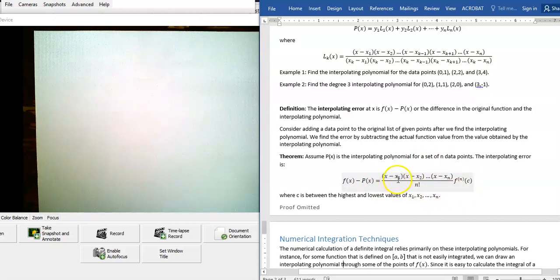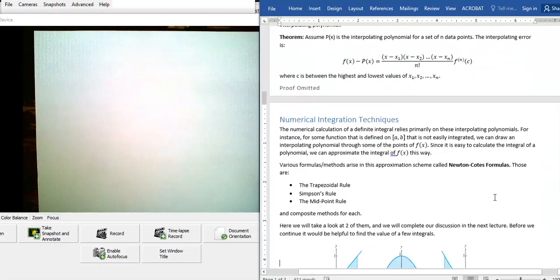So it's x minus x1, x minus x2, all the way up to x minus xn over n factorial times the nth derivative of f at c, where c is between the highest and lowest values of x1 to xn. This will be important when we get into our errors for numerical integration techniques.